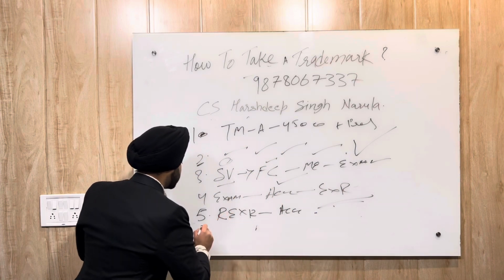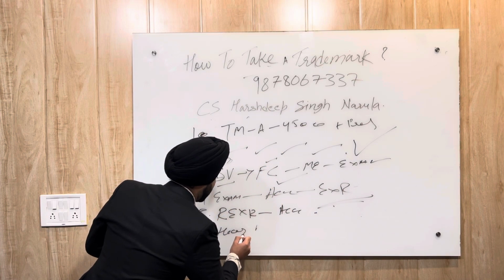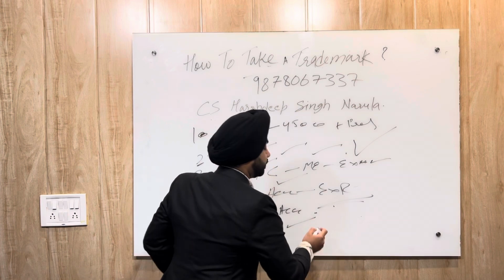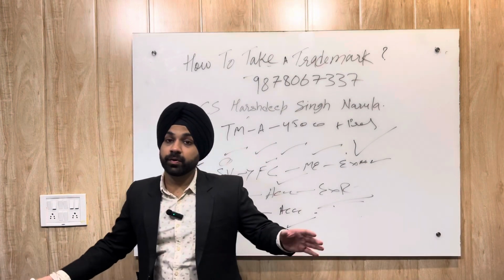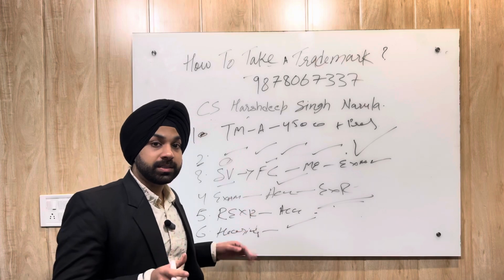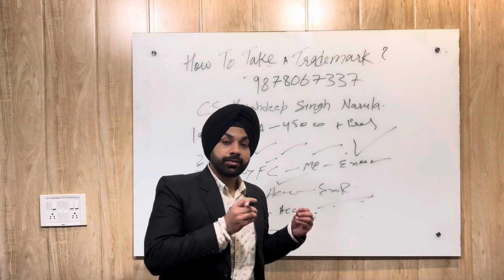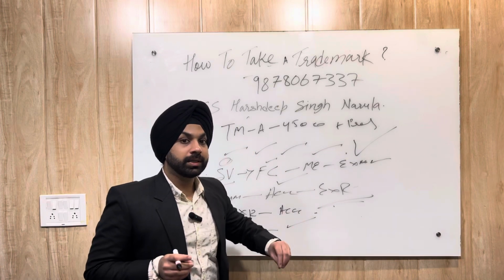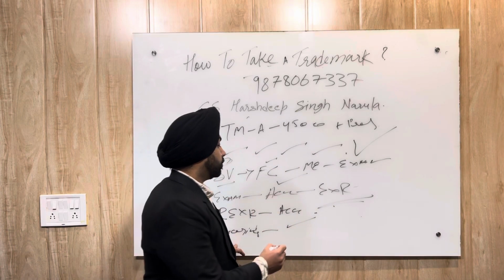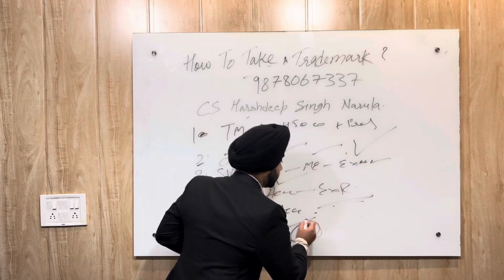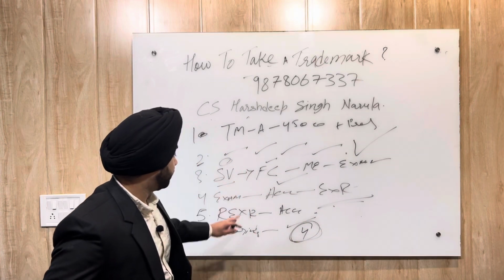If the officer is not satisfied, a hearing will be marked. In the case of a hearing, you have to prove the merits. If you are doing it yourself, you do it; if your attorney is doing it, the attorney will prove the merits, why the objection is raised and why our trademark application does not fall in that objection. In the hearings there could be a maximum of 4 hearings. So we talked about the full process.